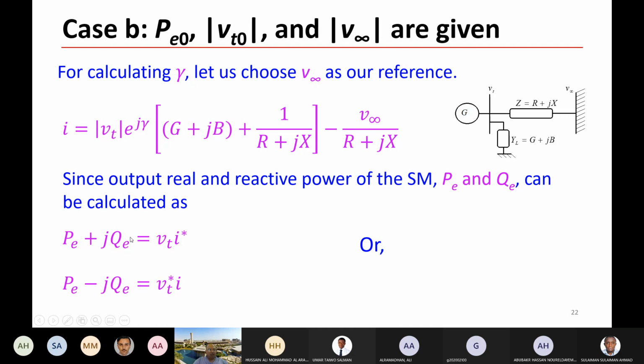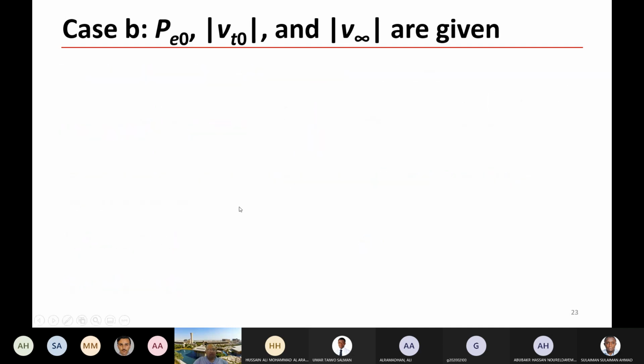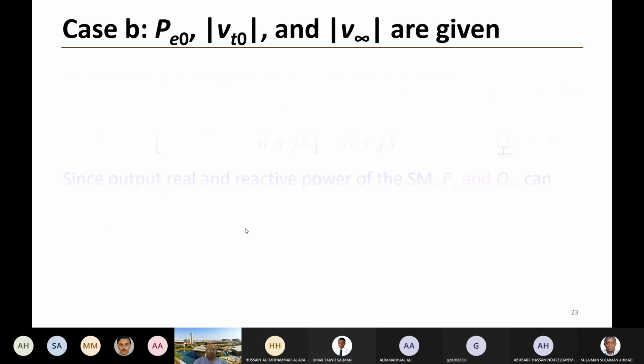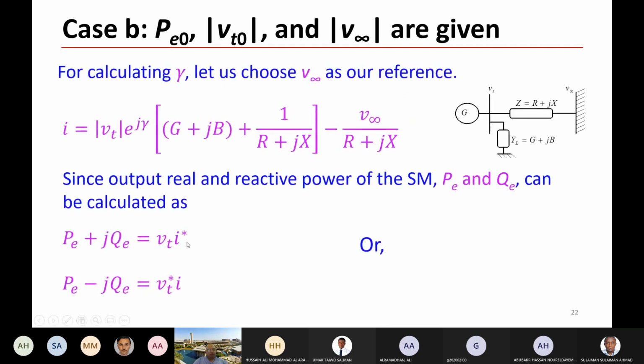And then you have Pe plus jQe equal to this. You can find Pe equal to VdId plus VqIq as we have before. So if you expand this, V times I conjugate, what is the current angle? What is the terminal voltage angle?